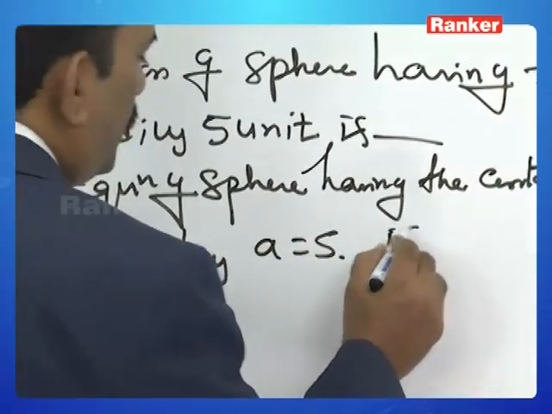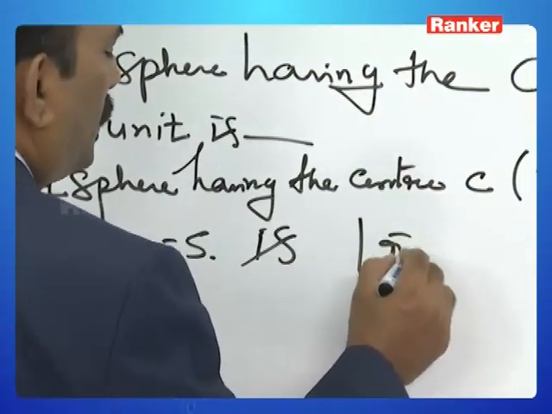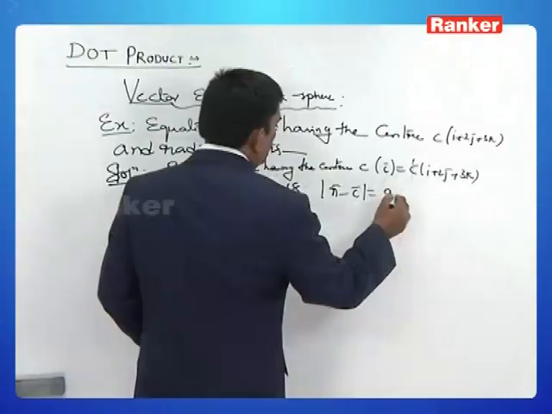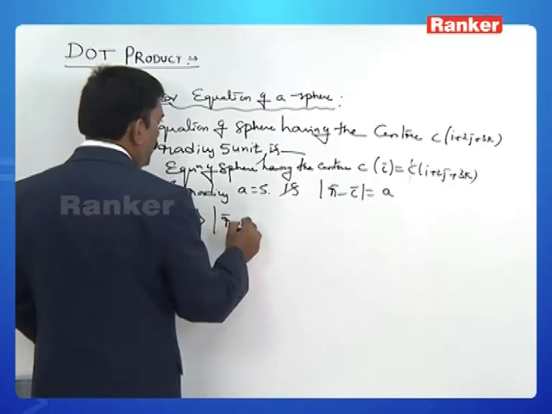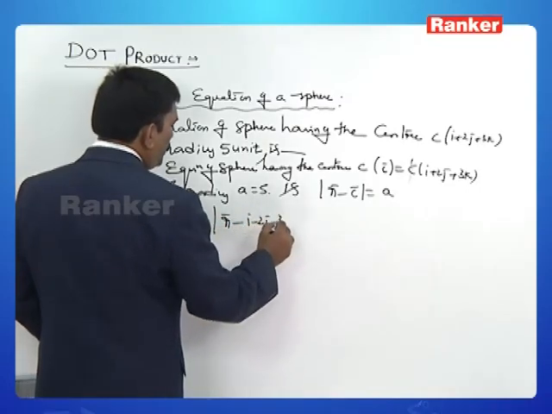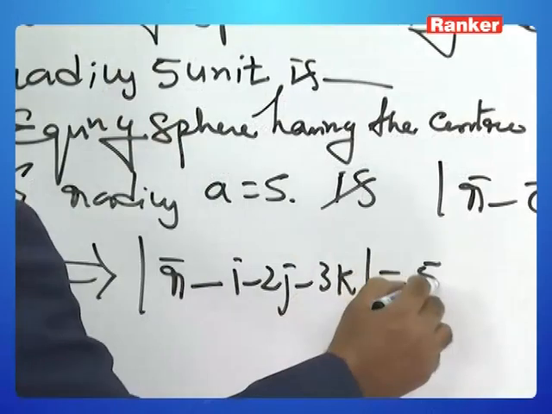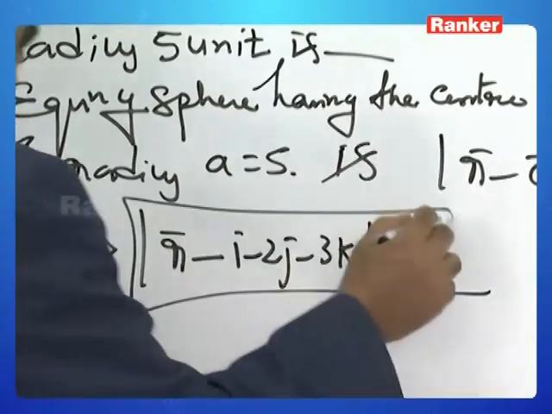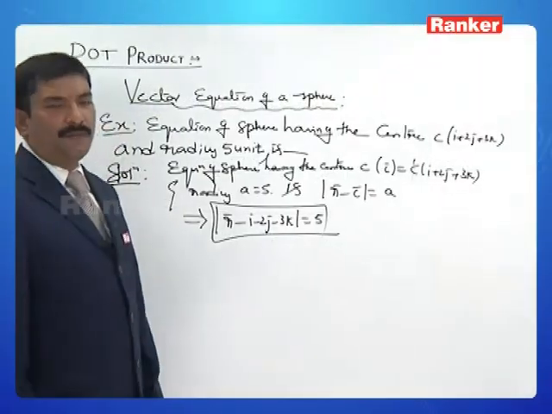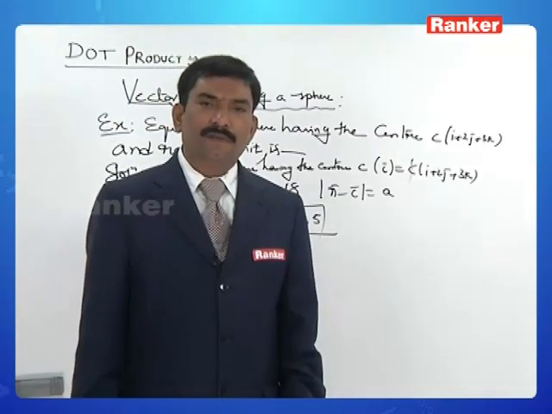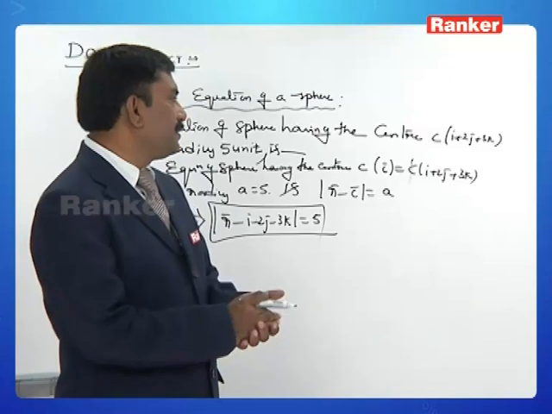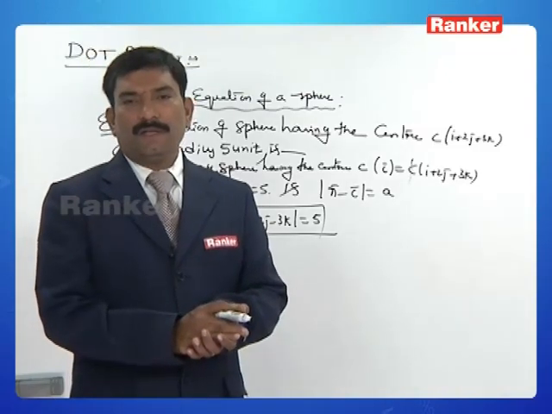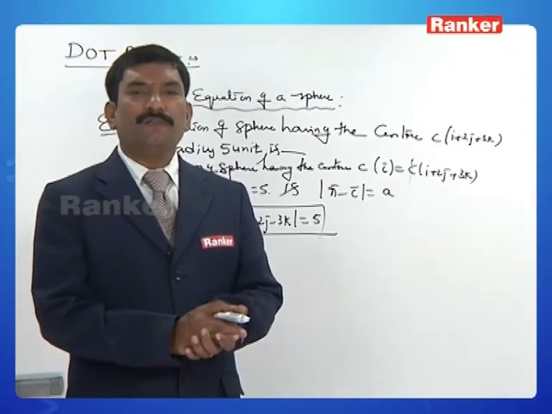A is modulus of R bar minus C bar is equal to A, which implies modulus of R bar minus i minus 2j minus 3k is equal to 5 units. This represents the vector equation of a sphere having the center with position vector i plus 2j plus 3k and radius A is equal to 5 units.